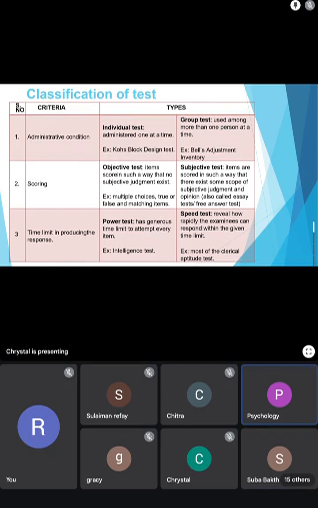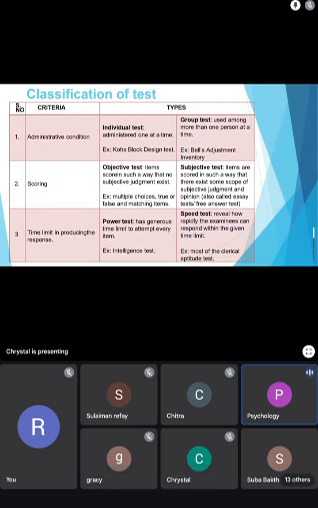These are the types. Now, based on scores, your standard MCQ, you might have come across this test also. If you choose a particular option, you will be given 5 marks, and if you choose a different option, you will be given 4 marks, something like that. Then you compile all the answers and arrive at the score of the person.